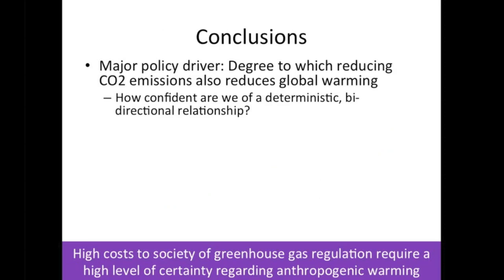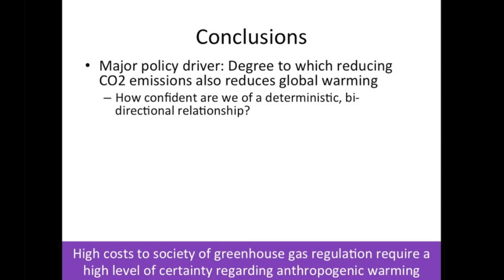So what can we conclude? The degree to which reducing anthropogenic CO2 forcing correspondingly retards global warming turns out to be the major driver of policy solutions. Our model shows that it does not matter whether human activity is actually the primary cause of global warming. We, as you recall, assigned it a 90% probability, which was pretty worst casing it.